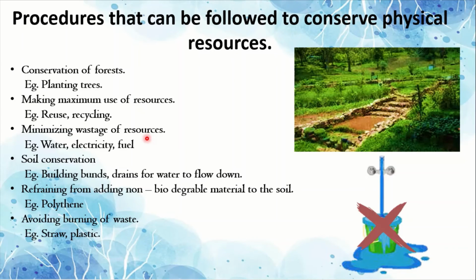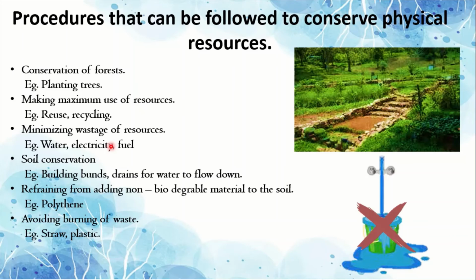We can switch off unnecessary bulbs, fans, televisions and radios to save electricity. Use a basin to collect water when washing our face. Put used water on the home garden. Use of water tanks to collect rainwater can minimize wastage of water.